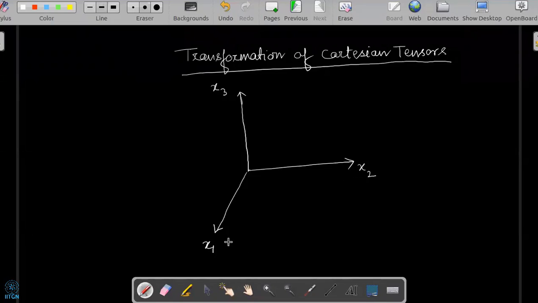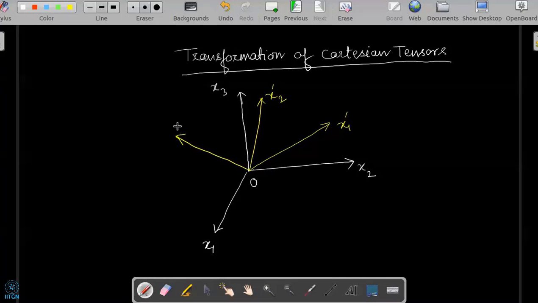But again, we are following anti-clockwise, so it is okay. The order is okay: x1, x2, x3. Now this is O, x1, x2, x3, we have a coordinate system. Now let's take another coordinate system. This coordinate system gets rotated, and now we have x1 prime, x2 prime, and let's say this is x3 prime.